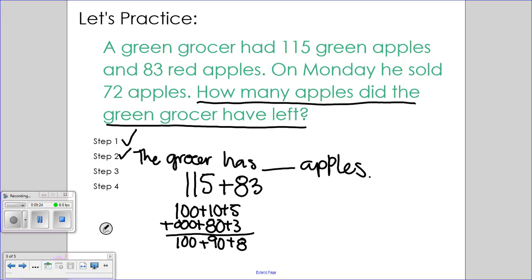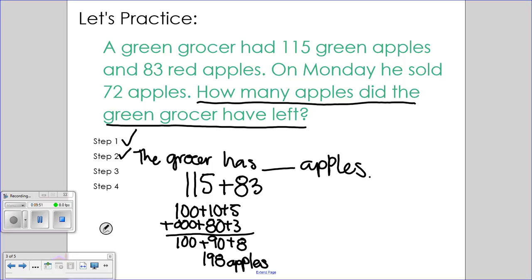This number back in standard form, Jake? 198 what? Apples. 198 apples. Questions about what I did?